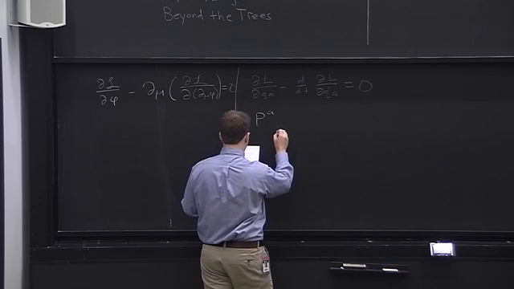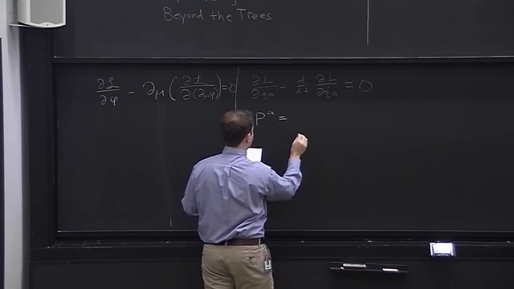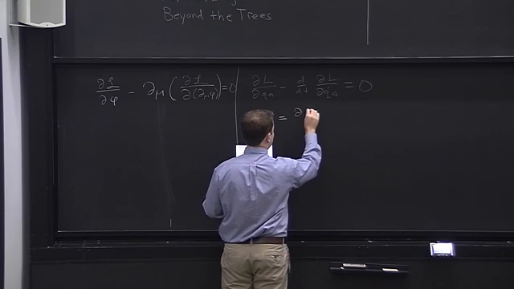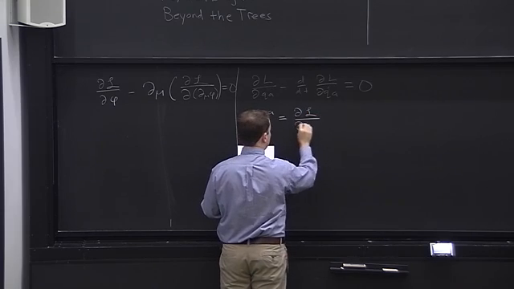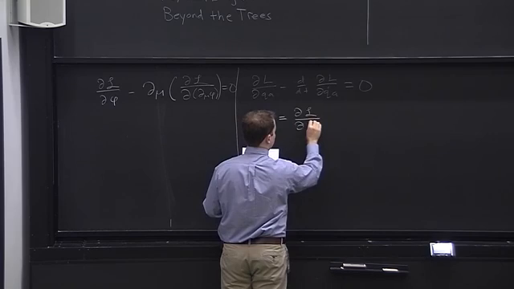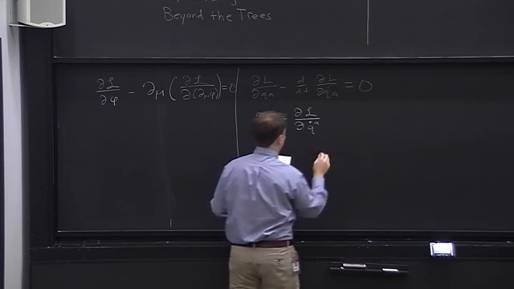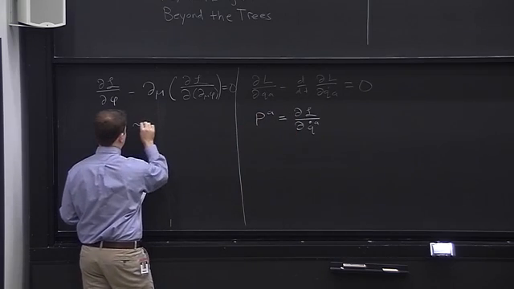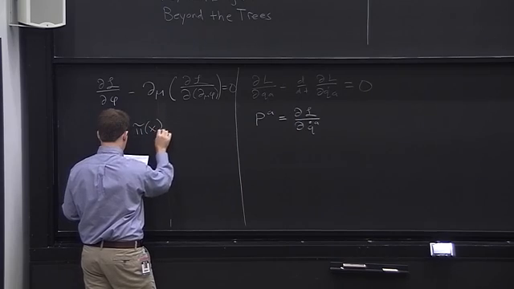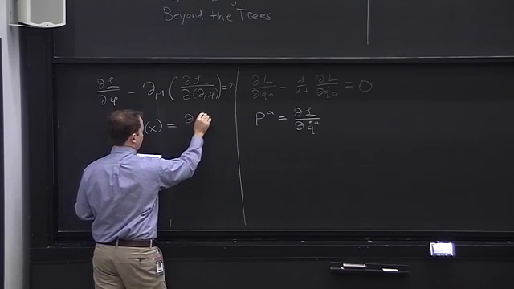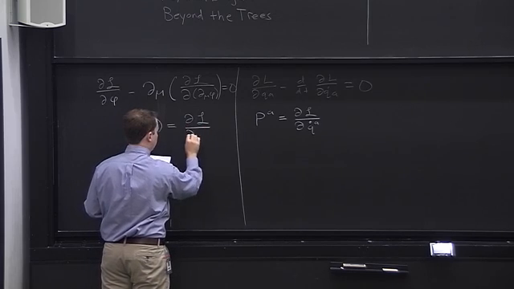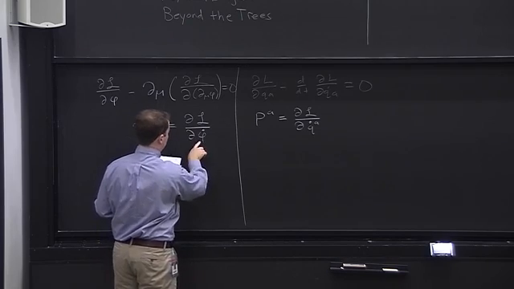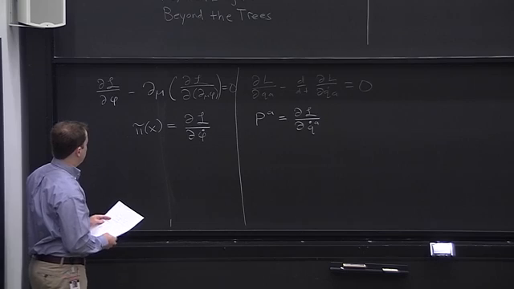So for classical particle mechanics, p_a is just the derivative of the Lagrangian with respect to q dot. The analogous statement, probably guess, is just the derivative of the Lagrangian here with respect to phi dot, not d mu phi.